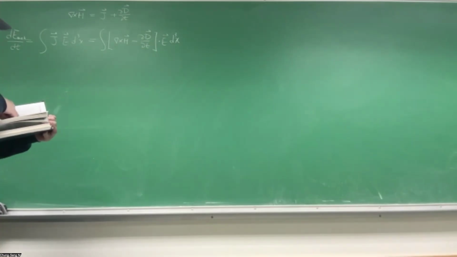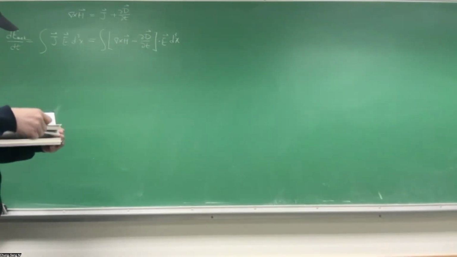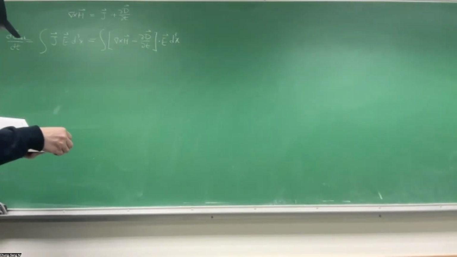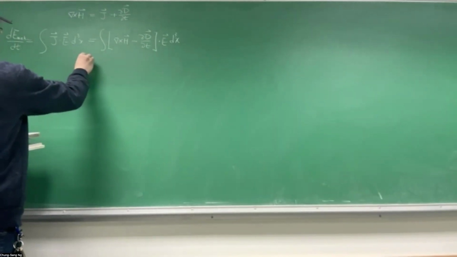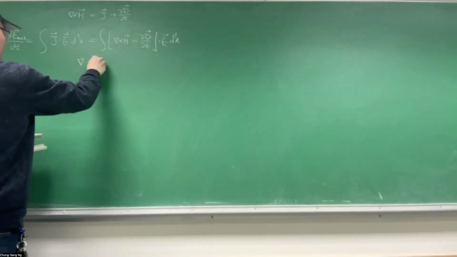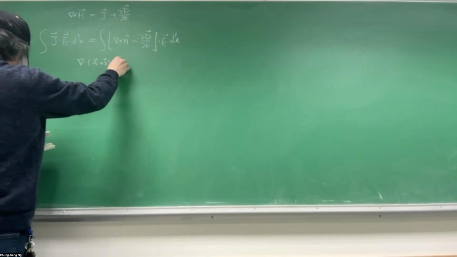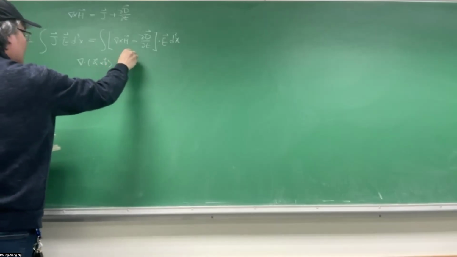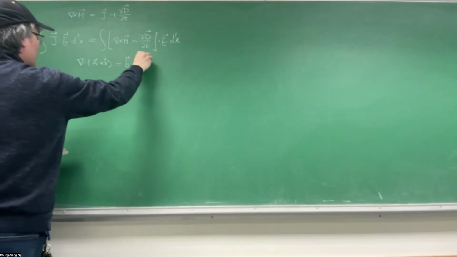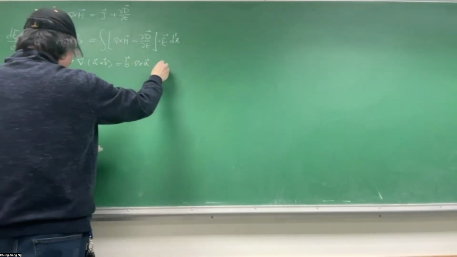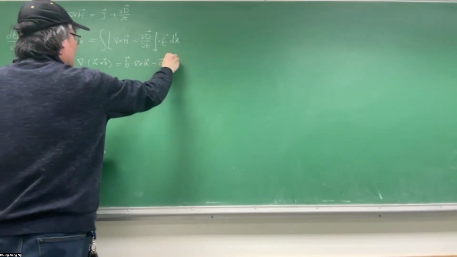And the vector identity that you can look up from the table is we have one entry. We have divergence of A cross B equals B dot curl A minus A dot curl B.